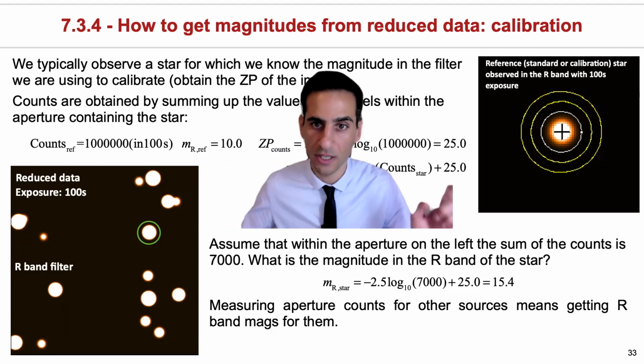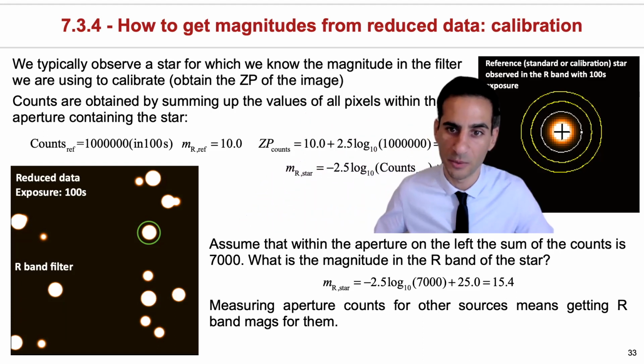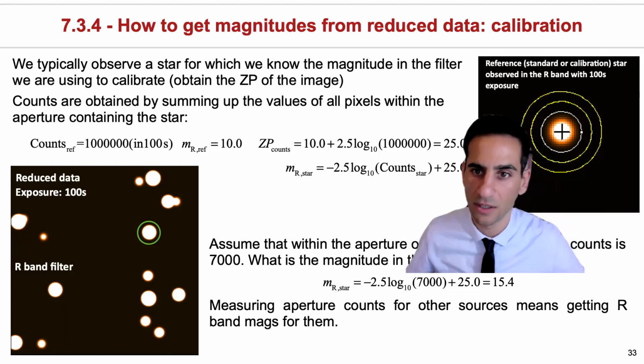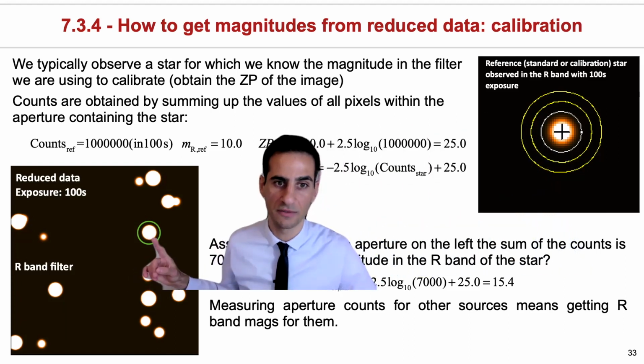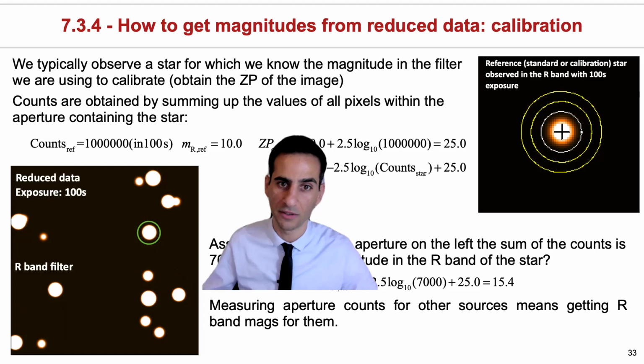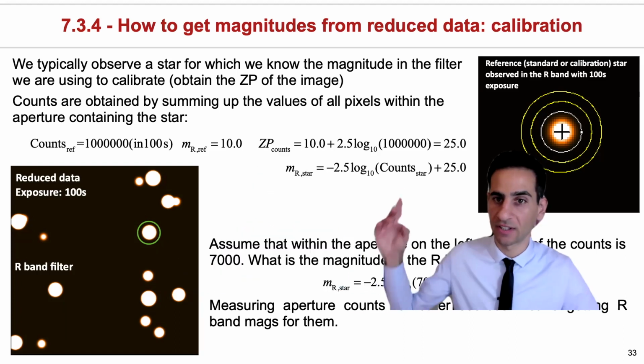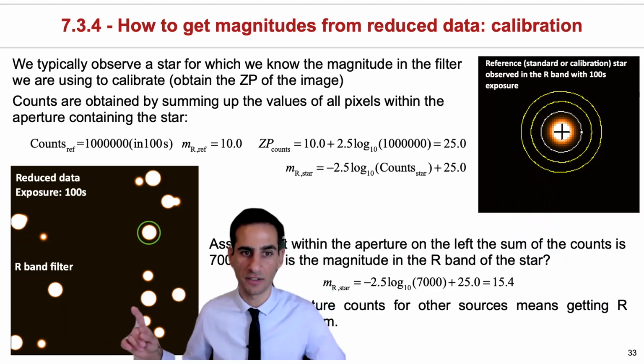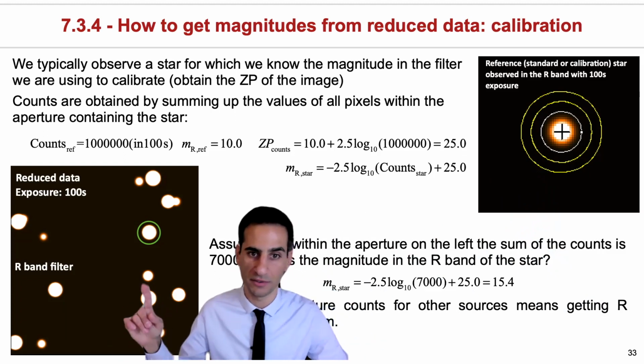This is very simple. We've already calculated the 0 point to be 25. We only need to plug in 7,000 into the equation, and we'll see that this specific star would have an R-band magnitude of 15.4. With this equation for this specific data set, this is how we would be able to measure the magnitudes of all these different stars.